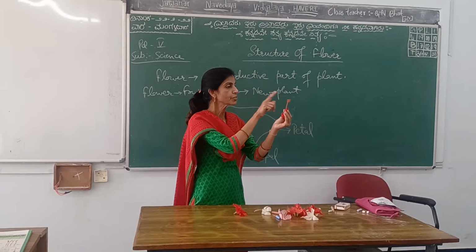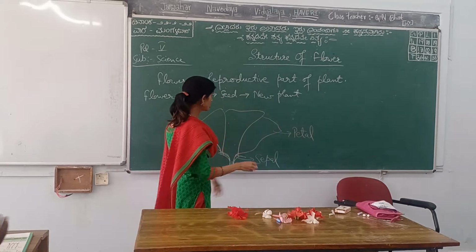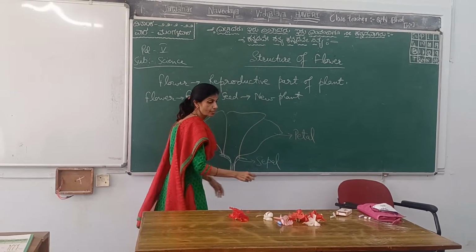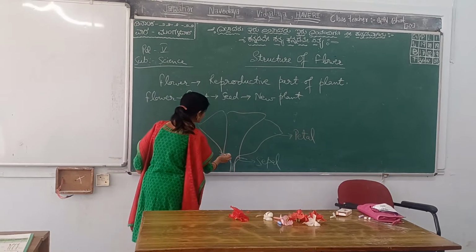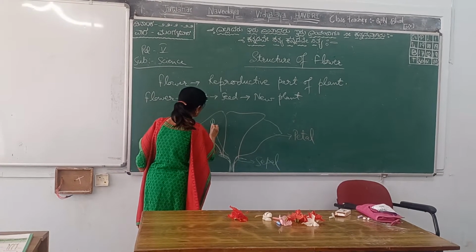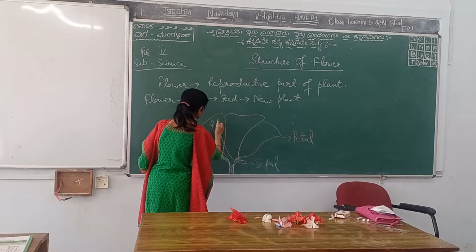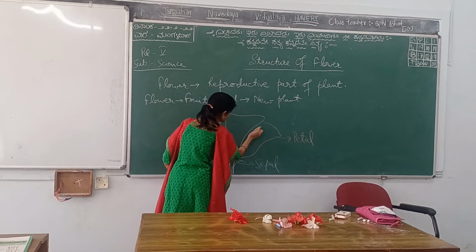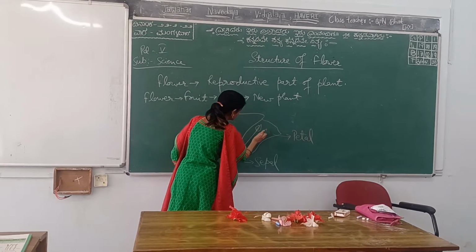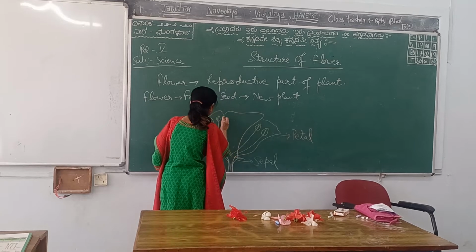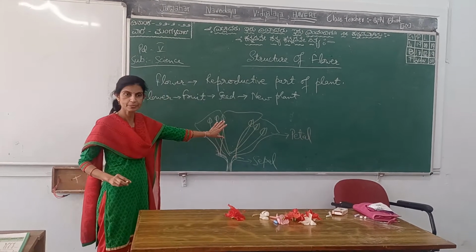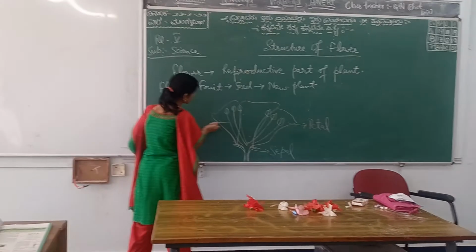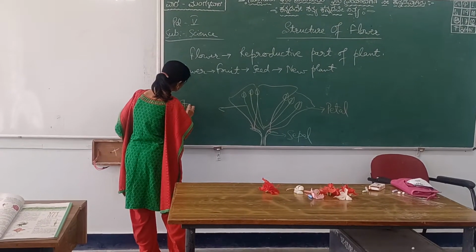That yellowish part is known as stamen. What is it called? Stamen. That yellowish part is known as stamen. I am labeling it here. It is stamen.